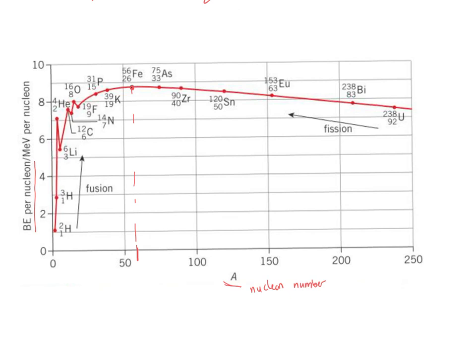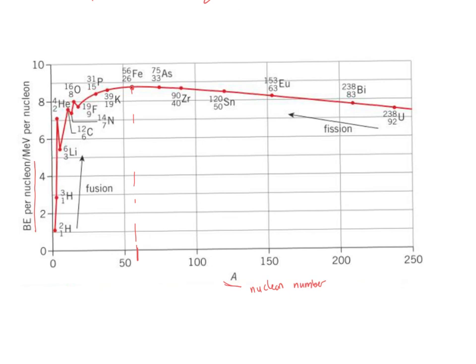In a fusion process, when you have two low nucleon number nuclei combining together to produce a higher nucleon number nucleus, you can also see that the smaller elements or isotopes that combine have lower binding energy per nucleon compared to something bigger that they would have formed.